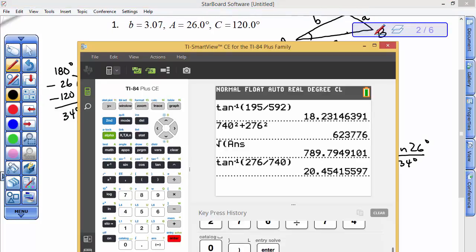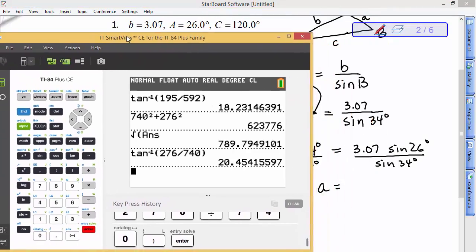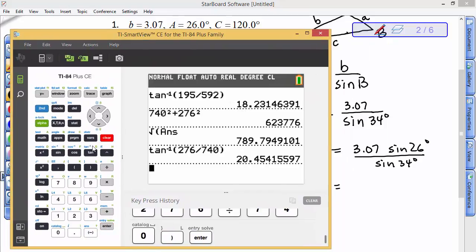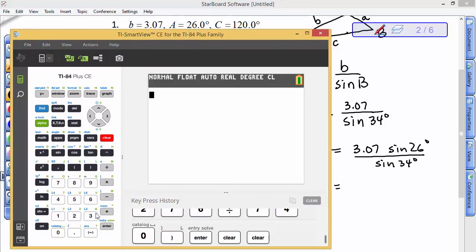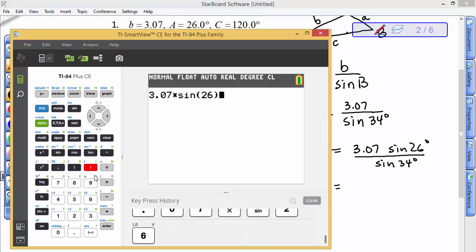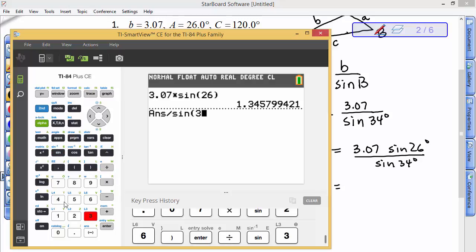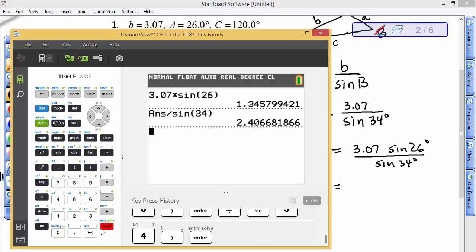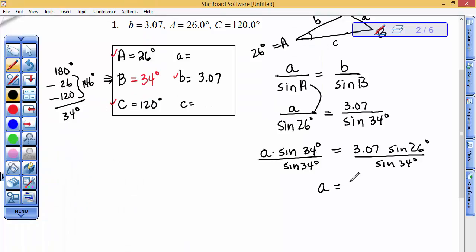If I took 3.07 times the sine of 26 degrees and hit enter and then divided by the sine of 34 degrees, I would find the value for side A of 2.41. So A is 2.41.